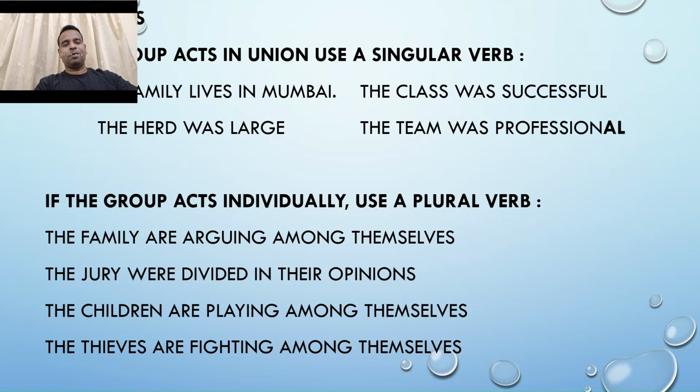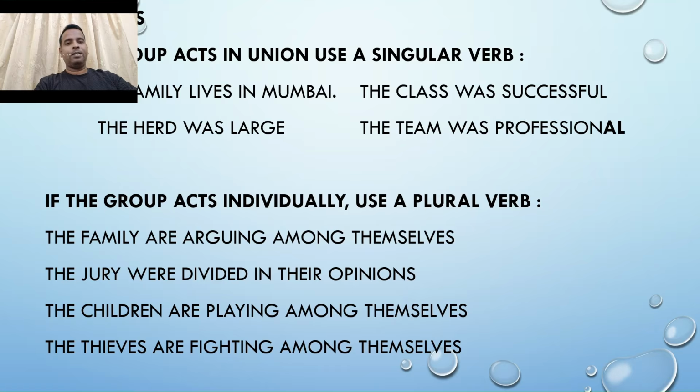Just take a case of the sentence, the team was professional. इस सेंटेंस में टीम एक यूनियन है और was एक सिंगुलर वर्ब है. I hope you have understood with this example.